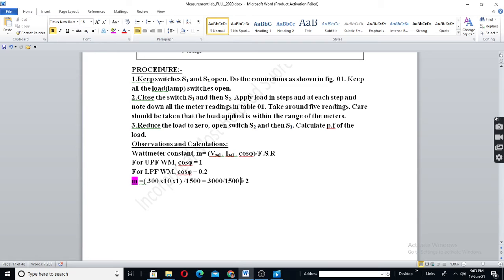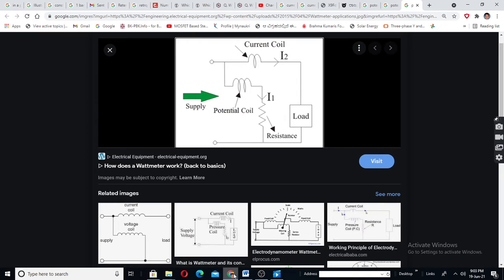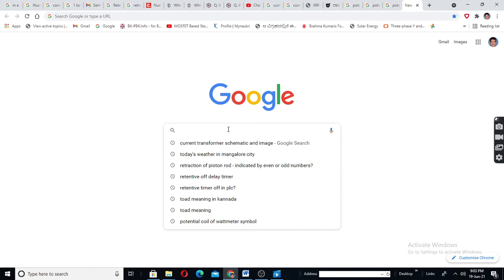So if you select the lower range, the multiplier will be 1. Usually the scale in a voltmeter, okay, we will see an image of an analog voltmeter.